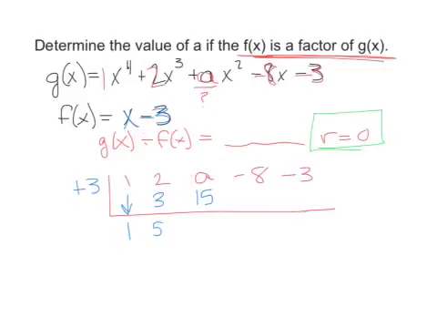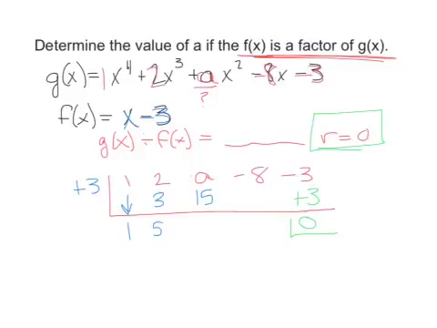So now I'm going to use this fact about our two functions. I know that f of x divides g of x evenly, so I know my remainder is going to be 0. And if I know the remainder is 0, then I should be able to figure out what number is going to go right there. -3 plus what will give me a 0? Hopefully you can see that that's going to be a positive 3.